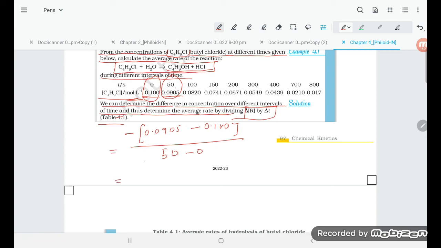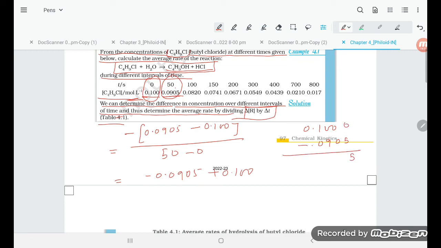Firstly, you solve the bracket. If you are solving the bracket, this negative term is going inside. So minus 0.0905 and plus 0.100, minus minus plus. So see, 0.100 and here is 0.0905, so subtract.